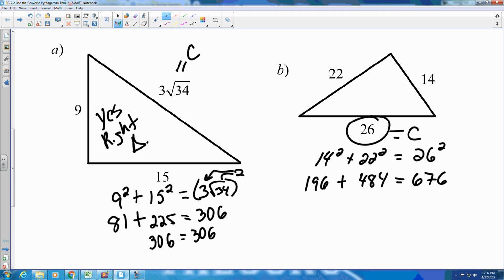So I take 196 plus 484, I get 680. 680 does not equal 676, so no, not a right triangle.